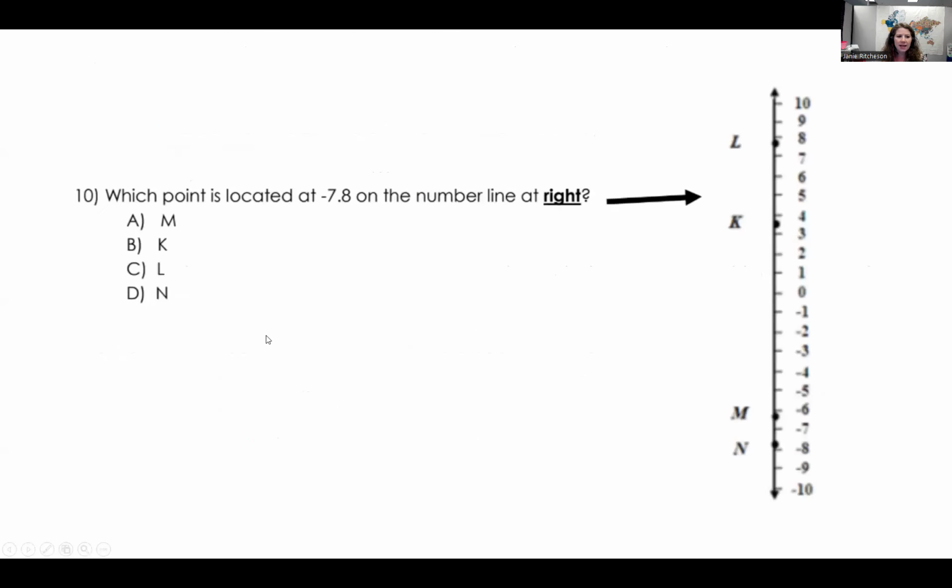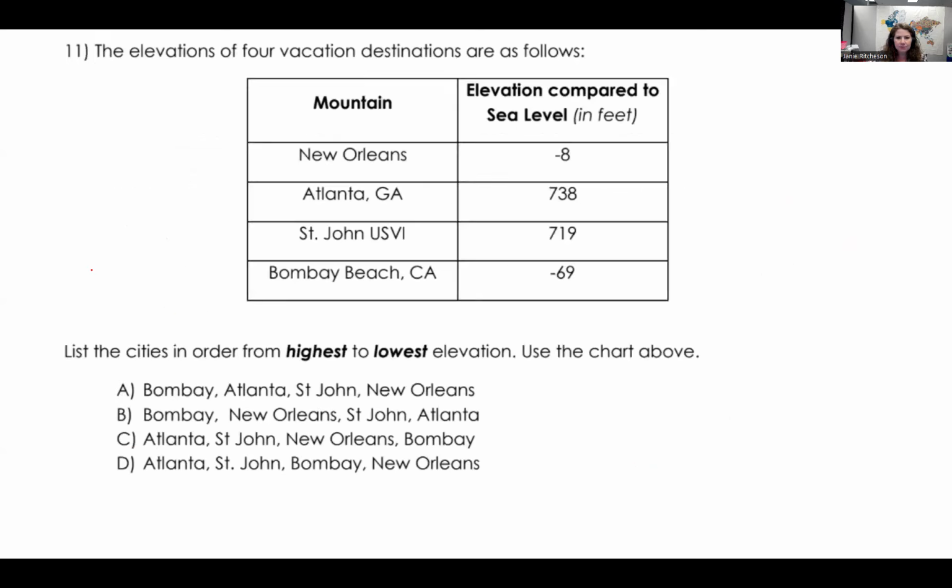Number 10, which point is located at -7.8? Well, that's got to be between -7 and -8, right? Not between -6 and -7, but between -7 and -8. So it's got to be letter N. And L and K, of course, are positive numbers.